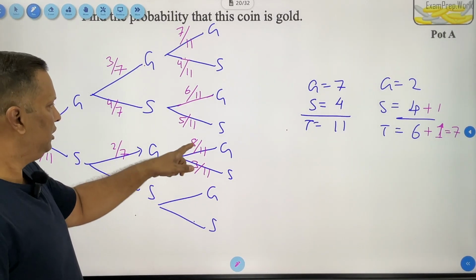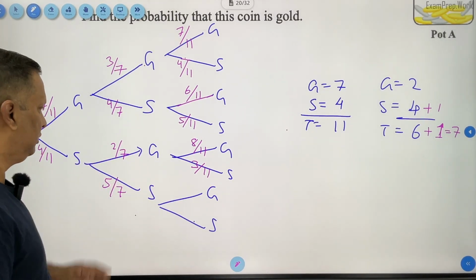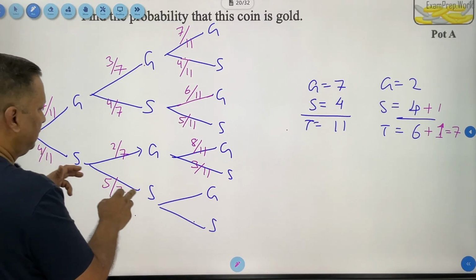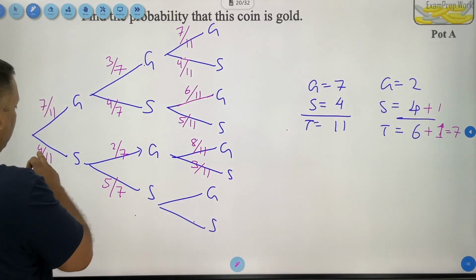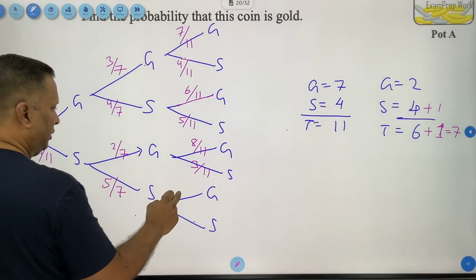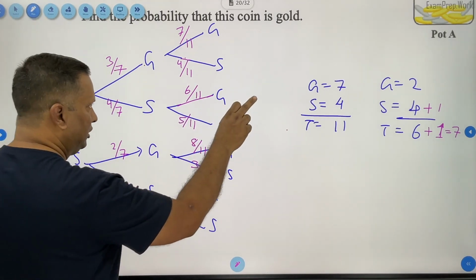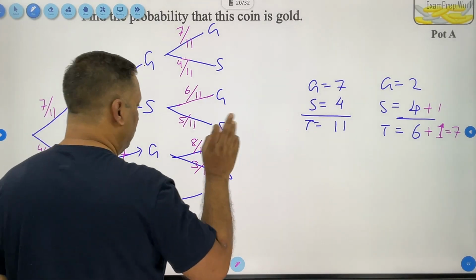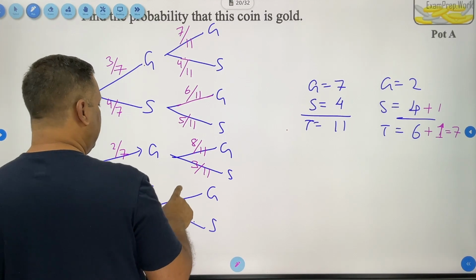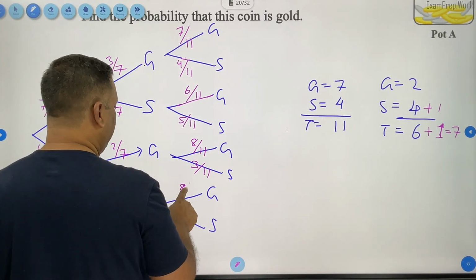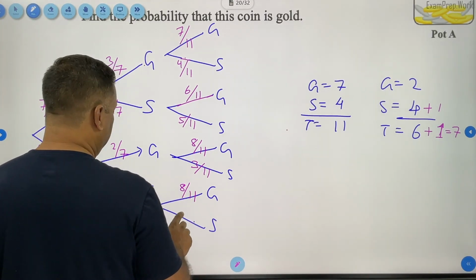So it becomes, see, 8 plus 3, 11. It should be 11. Now silver, gold. 4 on 11, 5 on 7. So first silver, that means gold is intact. Then again silver, gold is intact. So once again, once you get 1 more gold, it will be 8 on 11, and it will be 3 on 11.